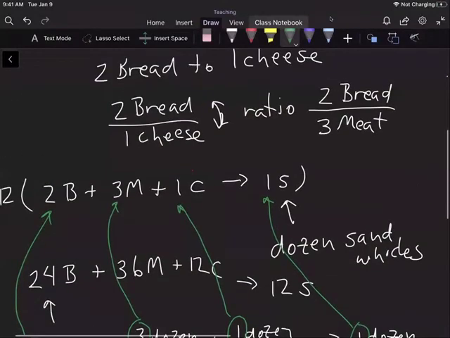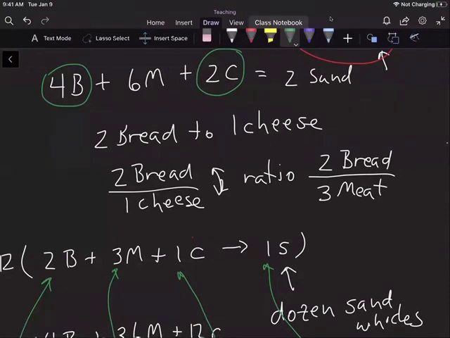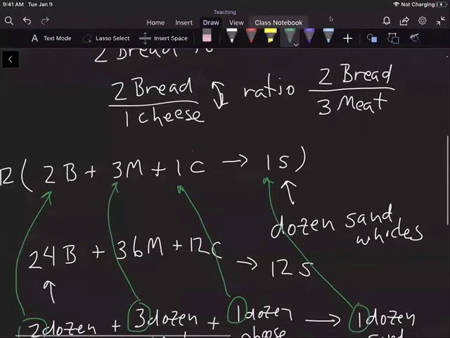Okay, so just like we talked about here, for every 2 slices of bread, I need 1 cheese. Okay, ratio is 2 breads to 1 cheese, or 2 bread to 3 meat. In this case, I'm making now a dozen, right?